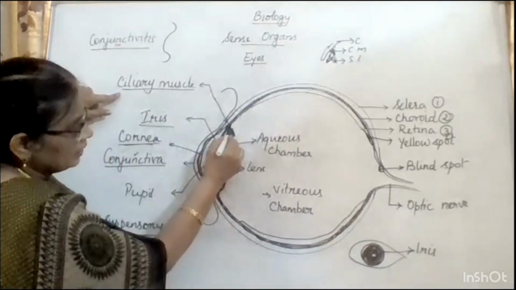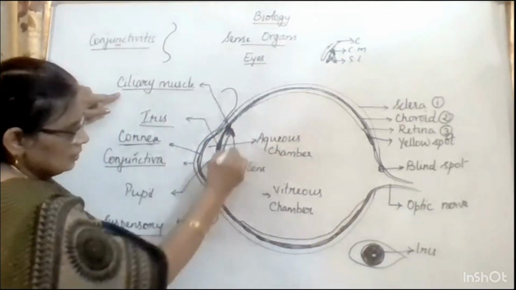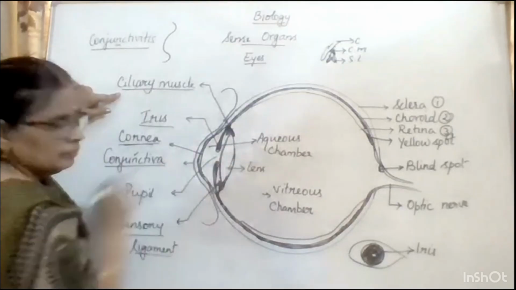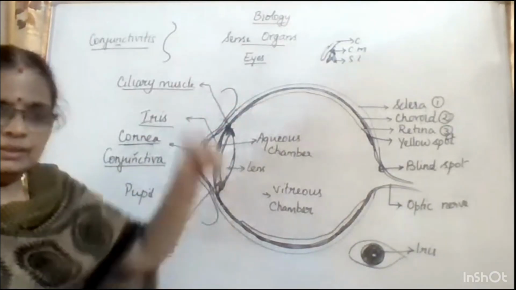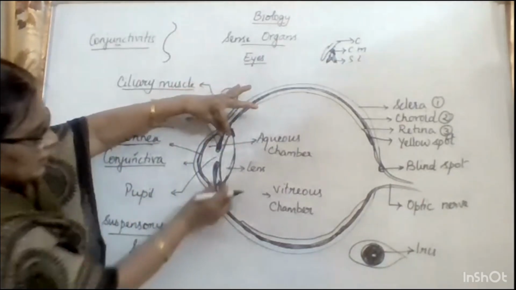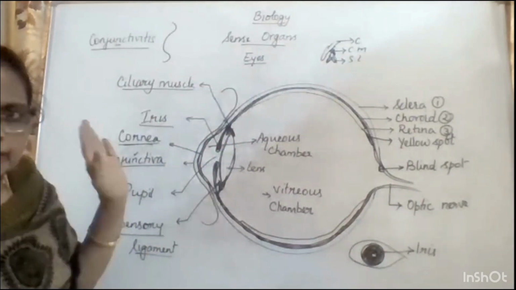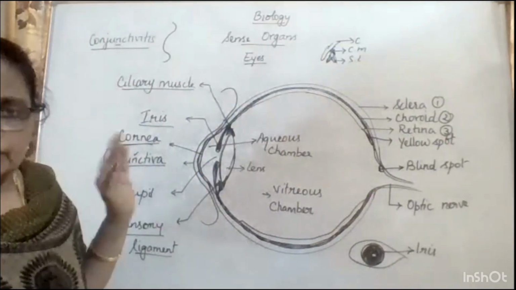The suspensory ligaments are holding the crystalline lens. This is the lens of the eye. So choroid, ciliary muscle, suspensory ligaments holding the lens like this. The third layer is retina.